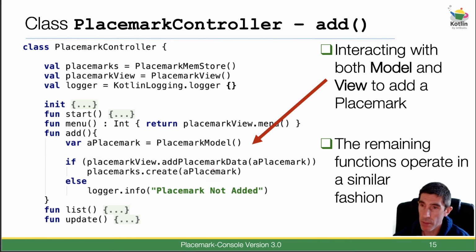So we're interacting with both the model and the view to add a particular placemark. Here we are working with the view, here we are working with the model. Again, you'll see a lot of that in the Android version as well.